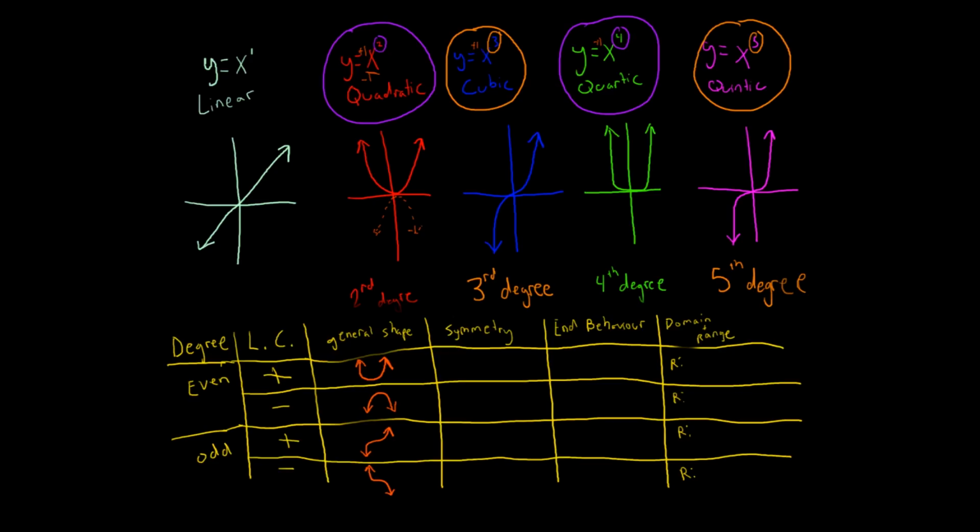Now, symmetry. There are two types of symmetry that we talk about in advanced functions. The two different types of symmetry are called line symmetry, and the other type we look at is called point symmetry.